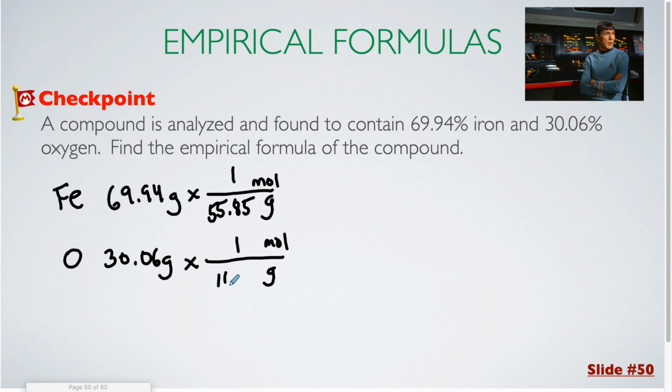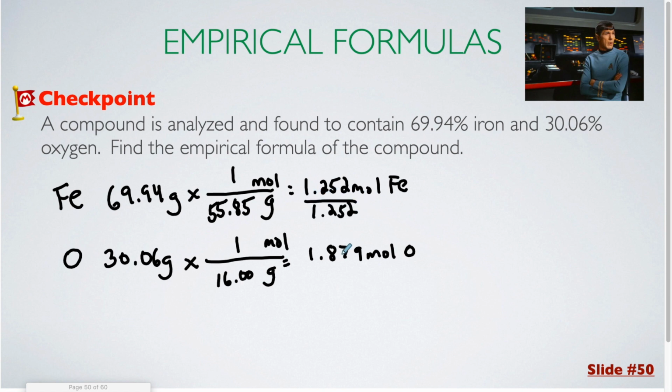For oxygen, it is 16.00. For my iron, I have 1.252 moles. And for my oxygen, I have 1.879. I'm going to divide both of these by whichever number is smaller, which is the 1.252. So that leads to 1 mole of the iron. And for my oxygen, that comes out to 1.5.